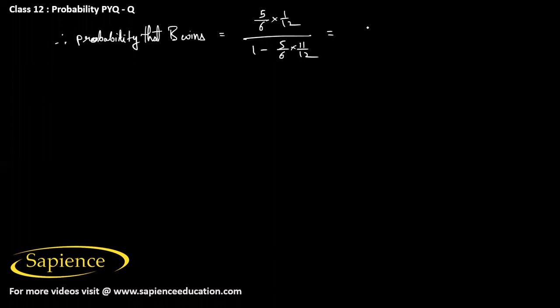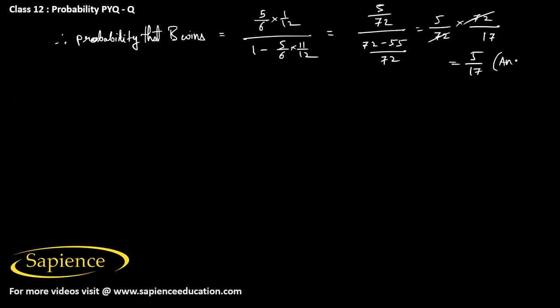So that would be 5 by 72, and this would be 72 minus 55 divided by 72. So this would be 5 by 72 into 72 by 17. So the 72 would cancel out. So then the answer would be 5 by 17. So this is your final answer.